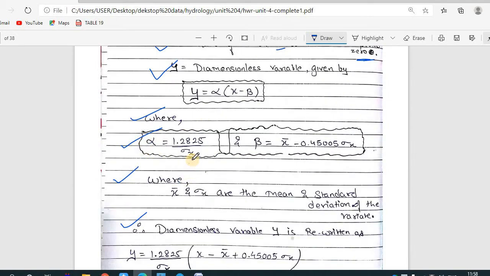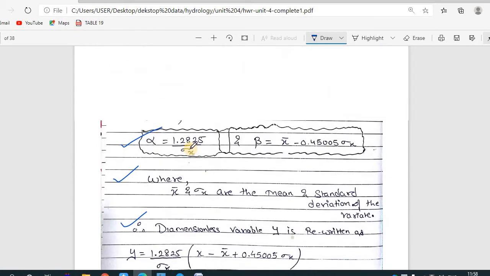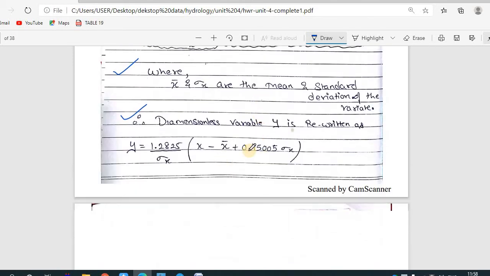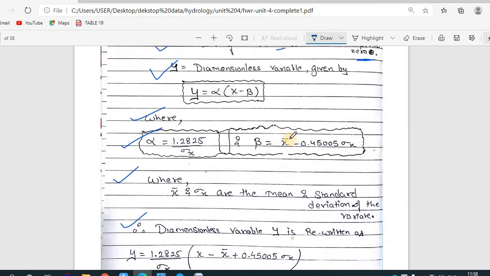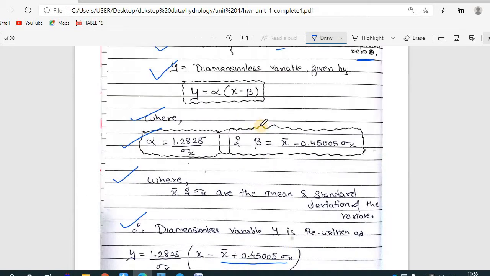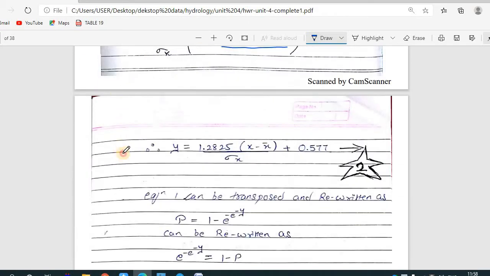We have alpha as 1.2825 by sigma x, multiplied by x minus x bar plus the beta term, where beta involves 0.45005 sigma x. So finally the equation for y comes out to be y equals 1.2825 into (x minus x bar) by sigma x plus 0.577. This is the equation.